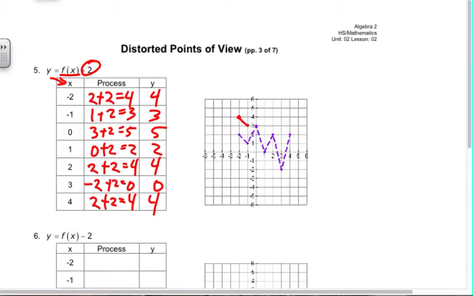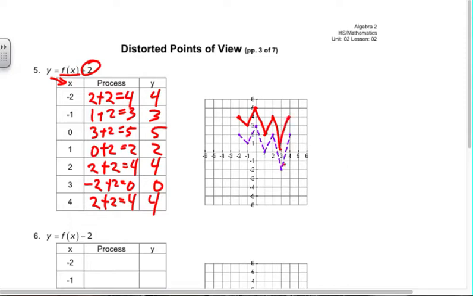I'm going to have 0, 5. And then 1, 2, then 2, 4, 3, 0, and then 4, 4.